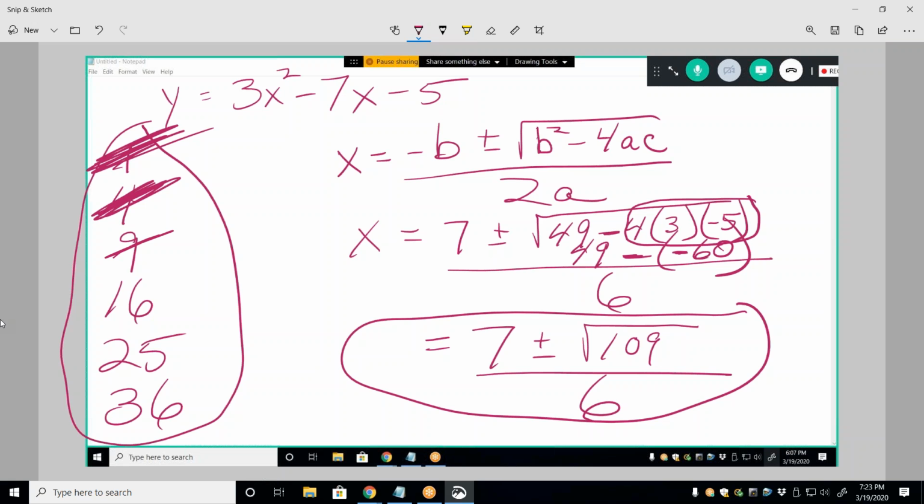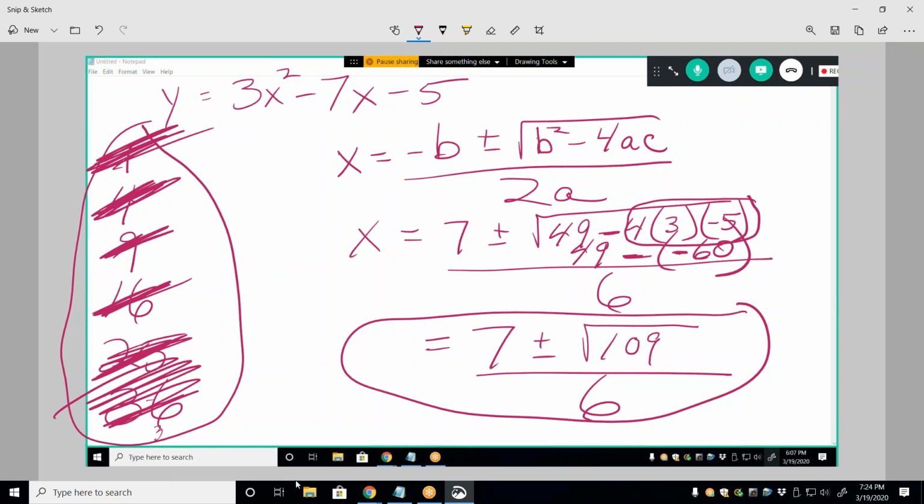No. 16 has to be an even number. 25, it would have to end in 0 or 5 to be divisible by 25. 36, no, 3 times 36 is 108. Almost, but not quite. So, it's not simplifiable. That's your final answer.